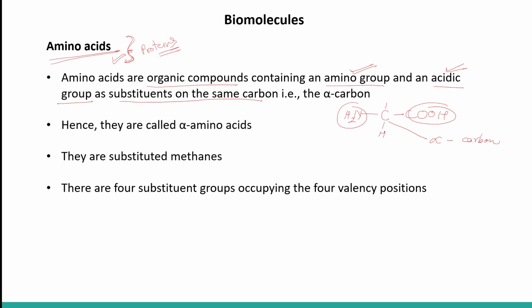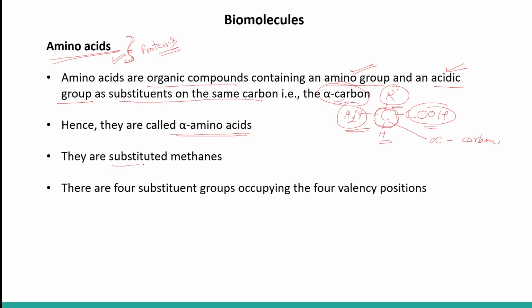One is hydrogen and another can be an alkyl group, which can be R. It varies. It can be CH3, it can be CH2CH3, like this. Hence they are called alpha amino acids because they have an alpha carbon. All four attachments to this carbon are different.